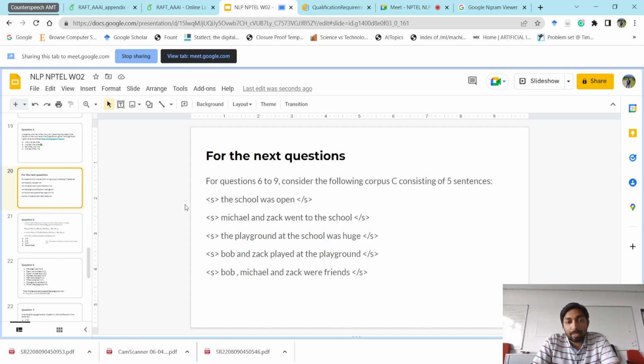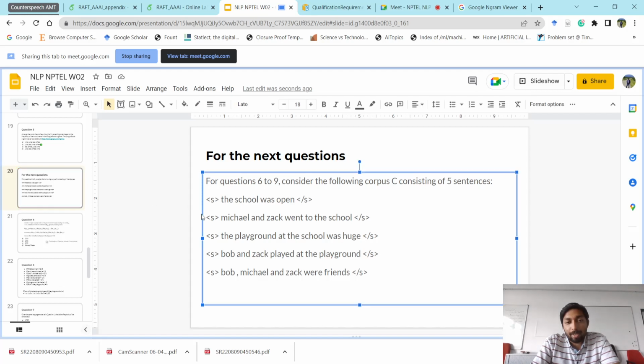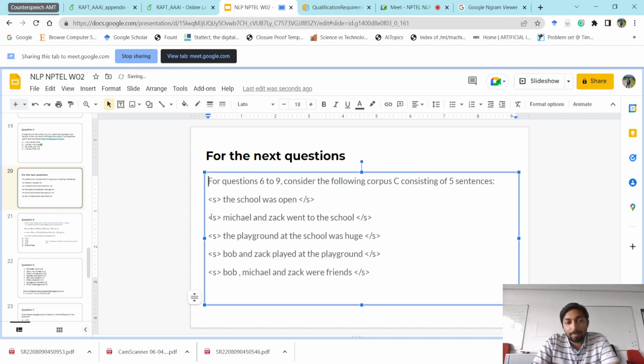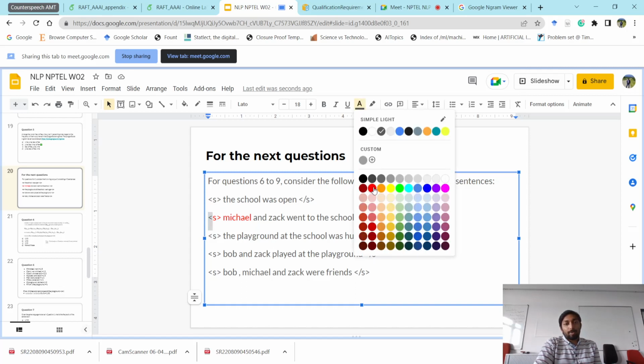How many instances are there of starting token and Michael? One example. Anything else like starting token and Michael? No. So we have one.